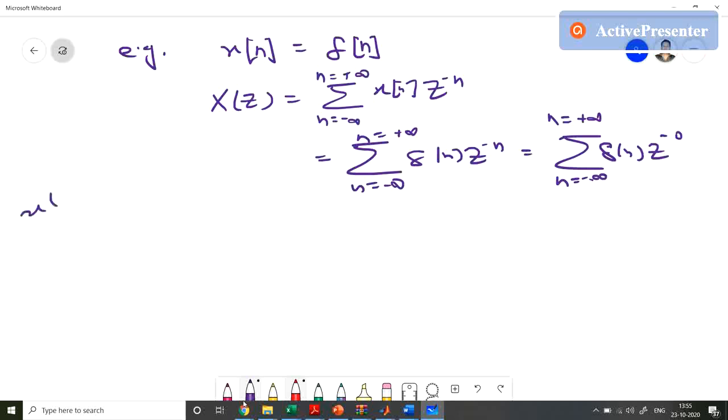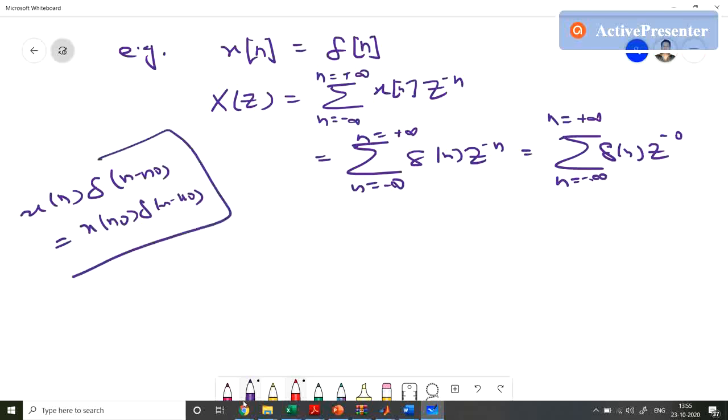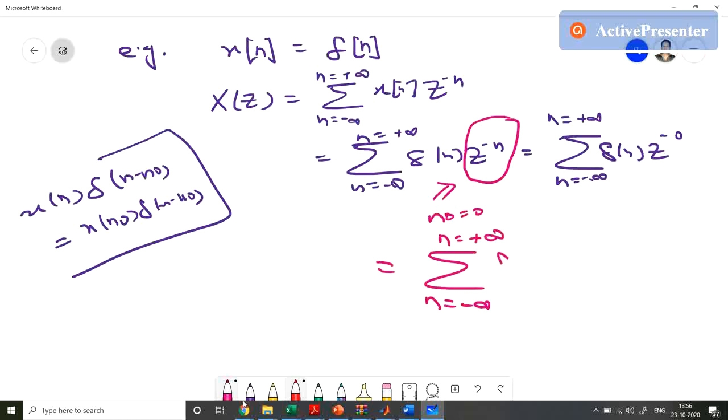If you remember the sampling property, if we multiply x[n] with del[n minus n naught], it equals x[n naught] del[n minus n naught]. Like this property we can use here. Instead of x[n] we have z raised to the power minus n, and the delay n naught is 0, so we have z raised to the power minus 0 multiplied by del[n].